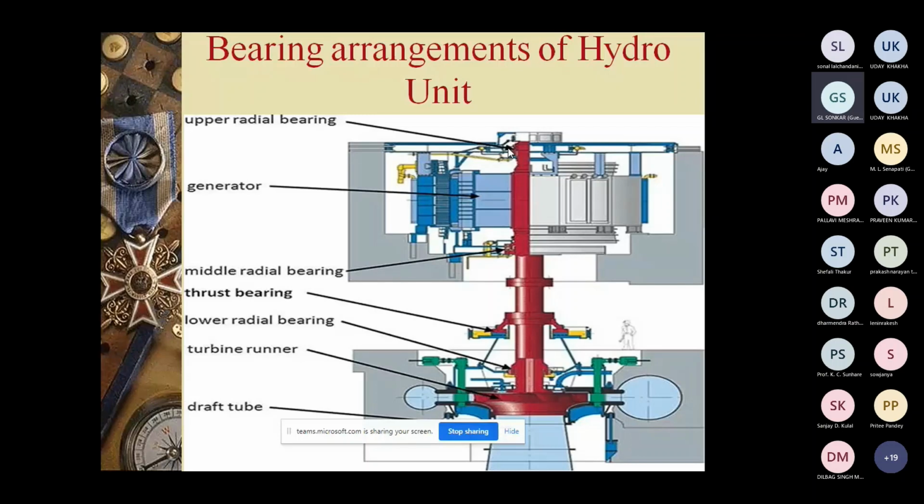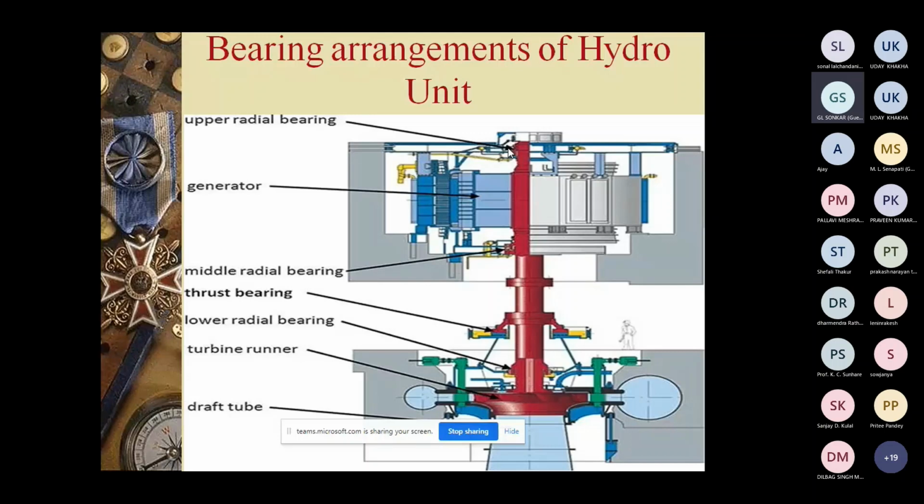This is the thrust bearing on the top of the generator. So this is called suspended type. Here the slide bearing is on the generator.